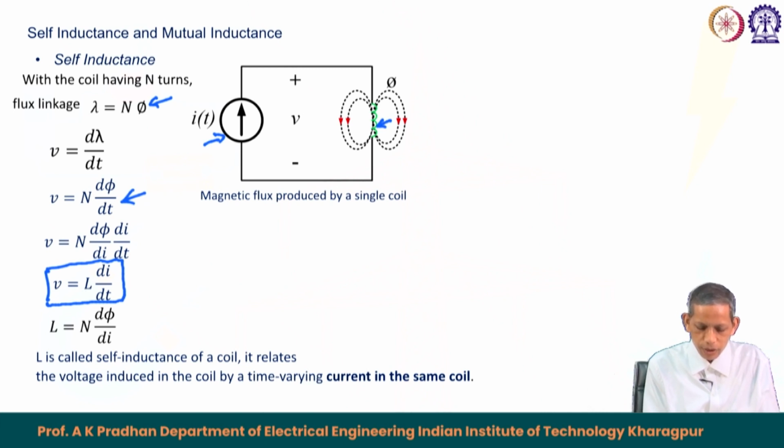So, this L here is defined as L equals N d phi by dI, rate of change of flux with respect to I. This L here is called the self inductance of the coil in that circuit, and relates the voltage induced in the coil by the time varying current in the coil, by the current which is passing through the coil. That matters to the self inductance of the coil, L equals N into d phi by dI.